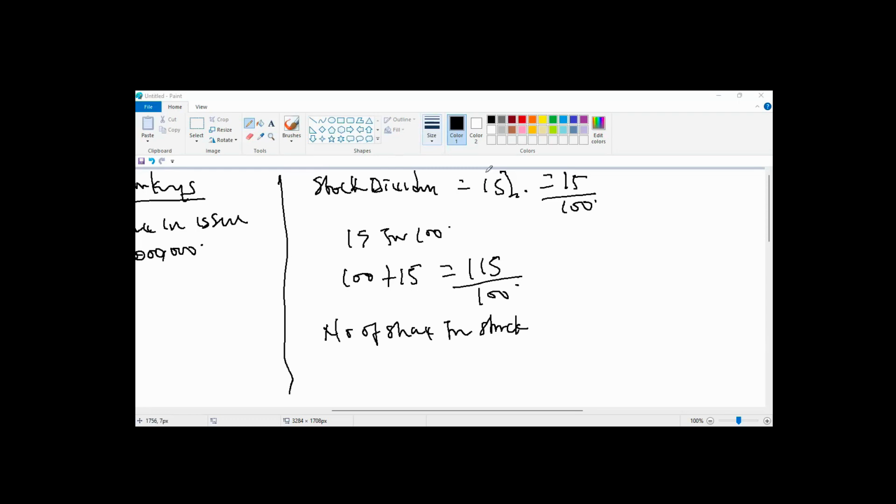Number of shares for the stock, two ways. You can say 15% of the total.